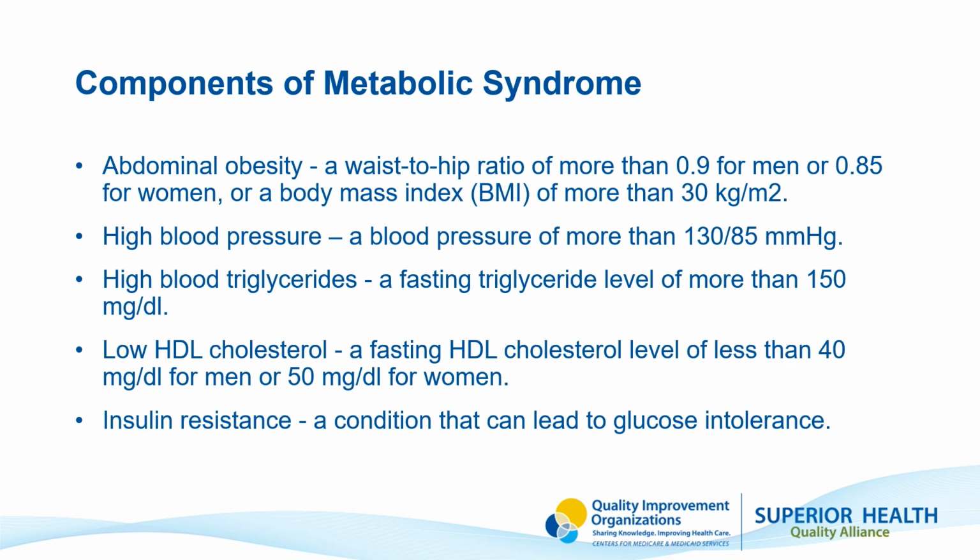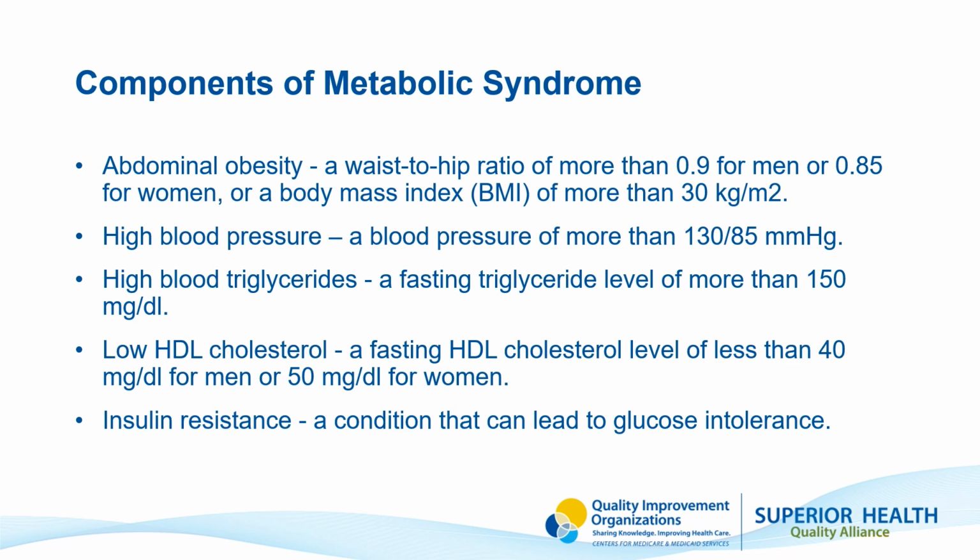Here are the major components, and this is what a clinician or other healthcare provider is going to look for. A low high-density lipoprotein, that's the good cholesterol. High blood pressure, meaning 130/85 or higher, and it can be just one number. So if you're 140/80, you technically still have high blood pressure.